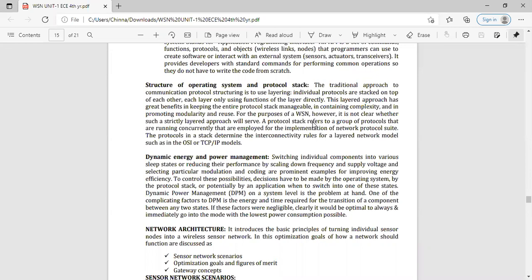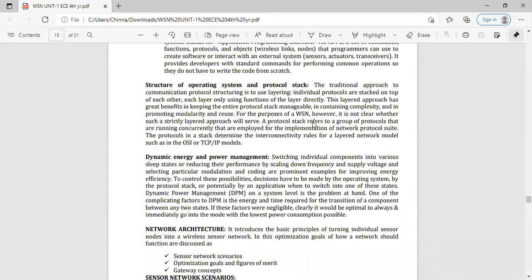For wireless sensor networks, it is not clear whether a strictly layered approach will serve. Okay, a compulsory layered approach is not always required. A protocol stack refers to the group of protocols that are running concurrently. They are employed in the implementation of a network protocol suite.